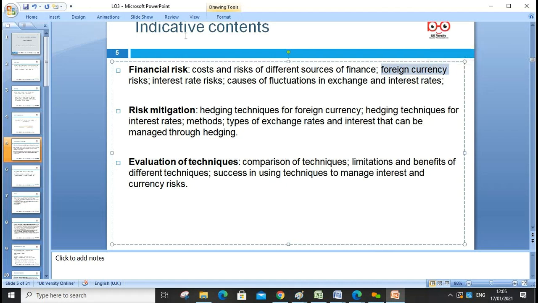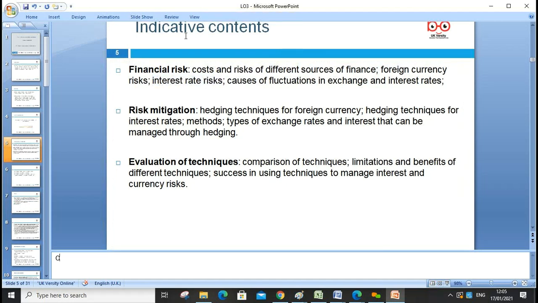That can be a risk which increases and decreases our cost. Interest rate: in the UK we have a base rate of 0.01% at the moment, which is less than 1%, which is quite low. If it increases or decreases, this will change your cost.